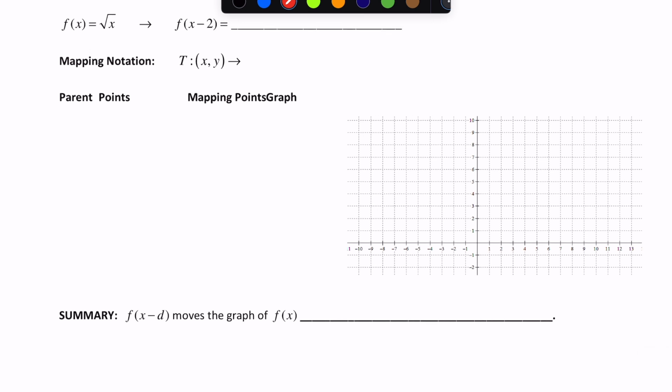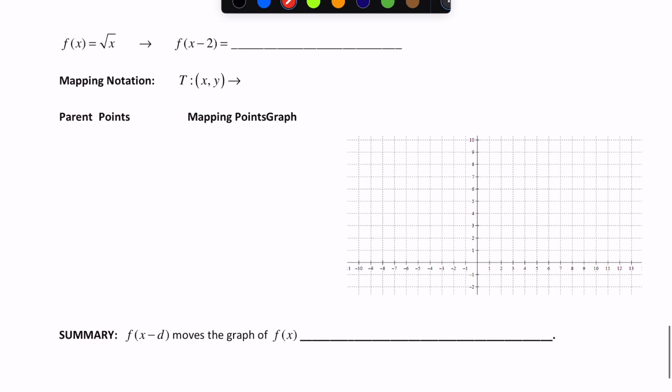Okay. And then here we have, again, f of x equals square root x as our parent function, and now our transformed function is f of x minus 2. So here we'll write it as square root of x minus 2, all under the bracket. And here we see that it's translated two units to the right.